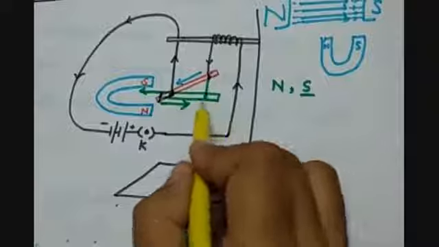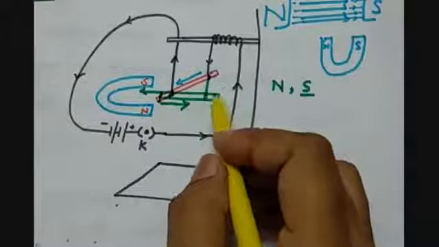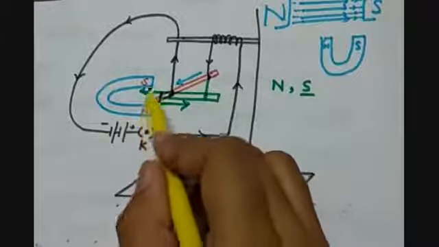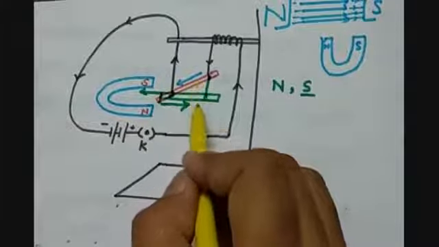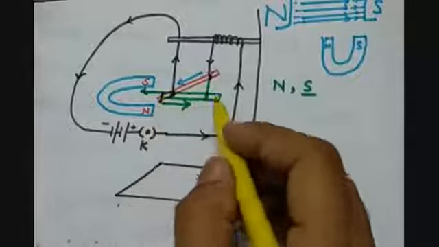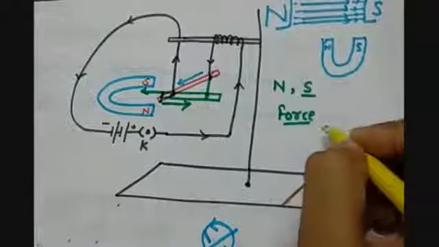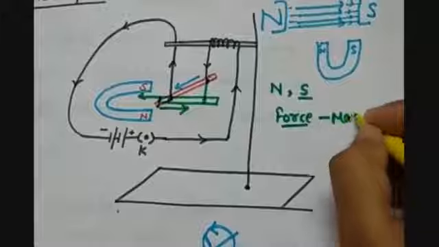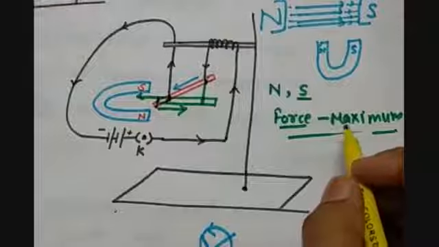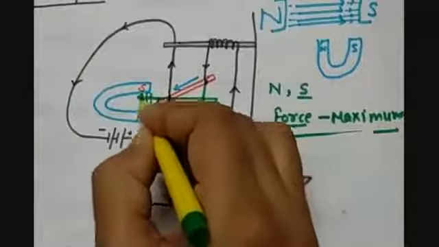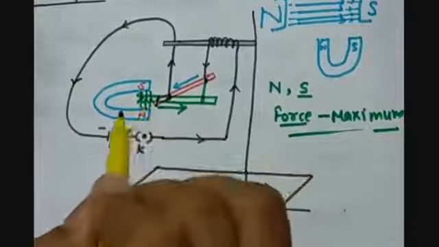When the current passed through it, the force exerted on the conductor because of the interaction between the two magnetic fields of the conductor and the horseshoe magnet, or you can say the deflection towards the left or right, was the maximum. So it was concluded that when the conductor is placed perpendicular to the magnetic field, then the force produced is maximum.